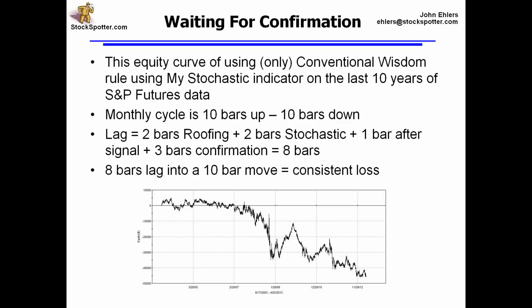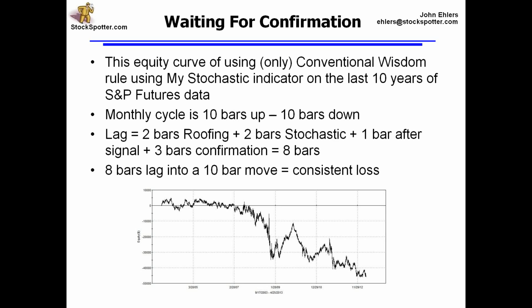And then additionally, we're going to wait for another 3 bars after that for confirmation, with the result that the lag in getting a buy signal or a sell signal is 8 bars after the turning point really occurred in the data. Well, if you're 8 bars into a 10 bar move, you've got a consistent loss, and that's why this is a consistent loss using conventional wisdom.